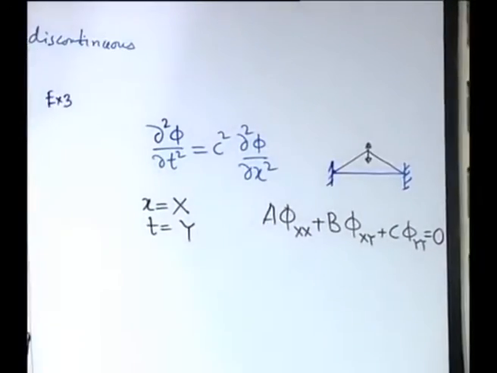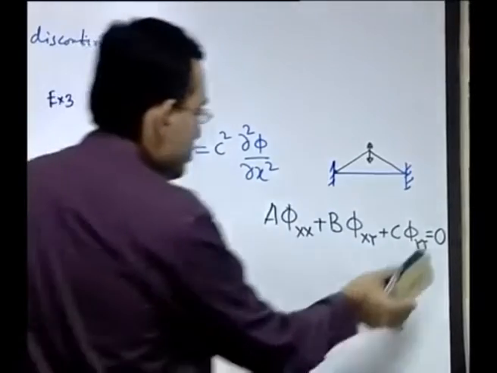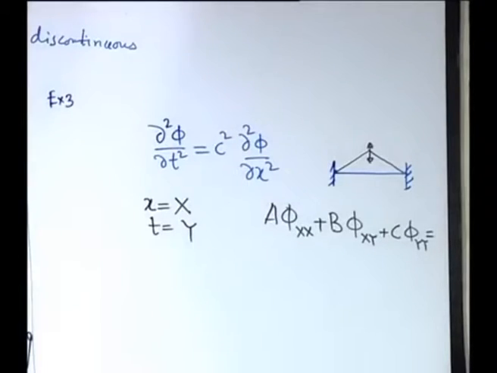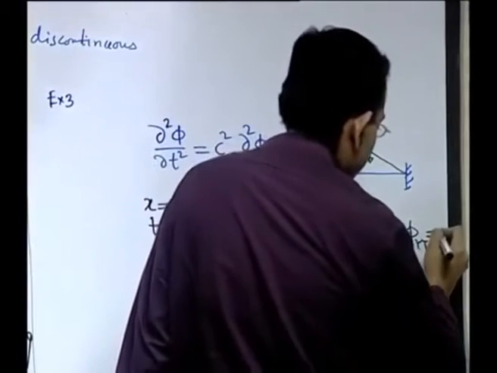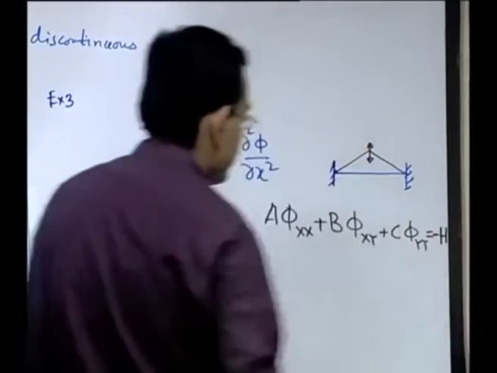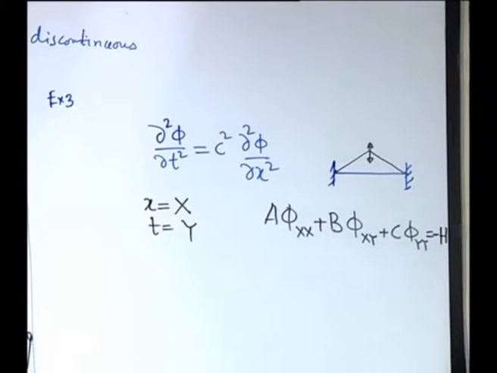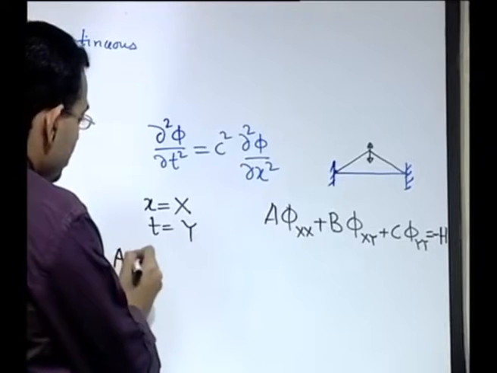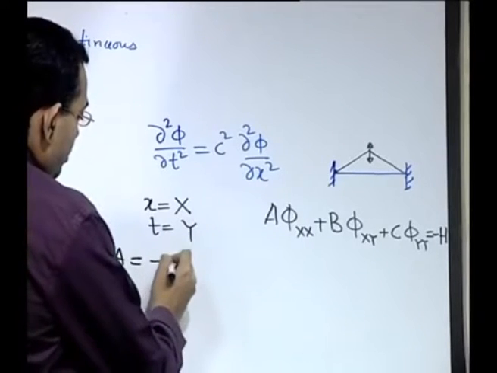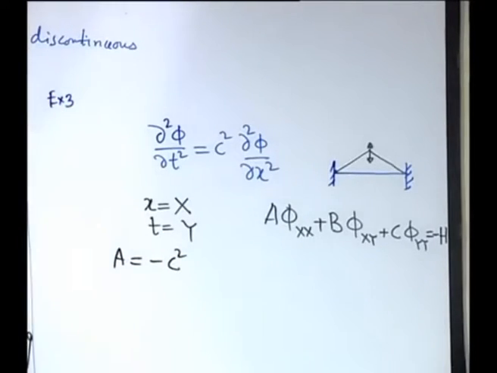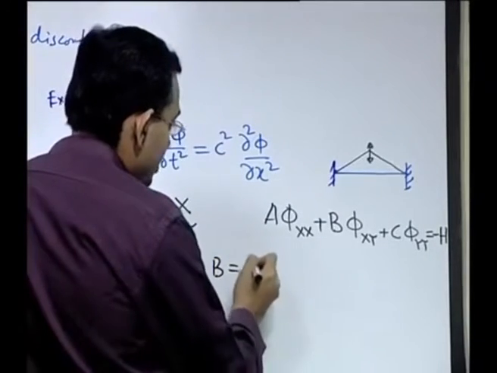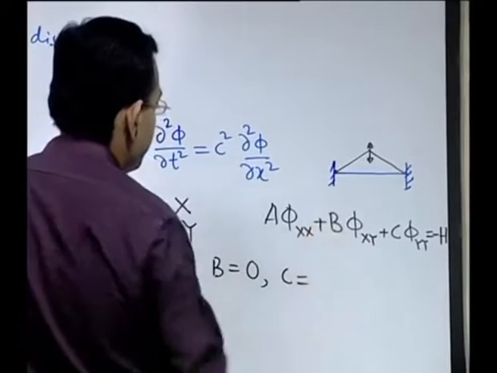Equal to some function. So what is A here? Minus c square. What is B? 0. What is C?